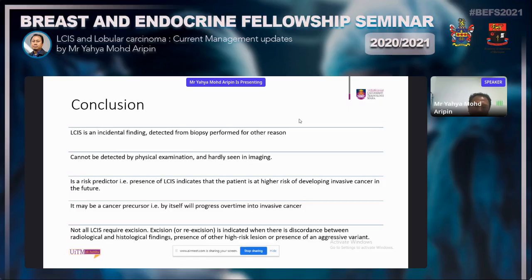It may be a cancer precursor. By itself, it will not necessarily progress into invasive cancer. Not all LCIS require excision. Excision or re-excision is indicated when there is discordance between radiological and histological findings, presence of other high-risk lesions, or presence of an aggressive variant.